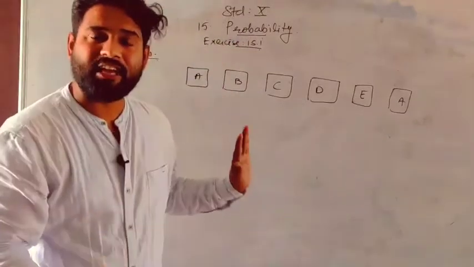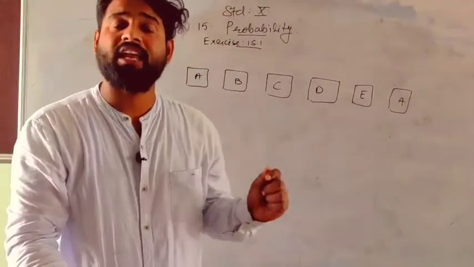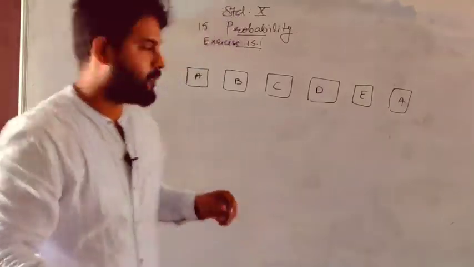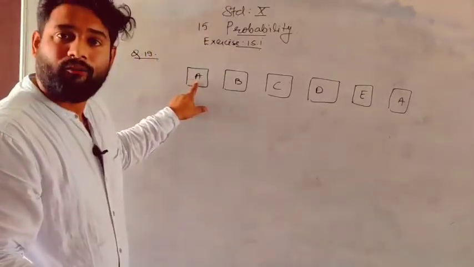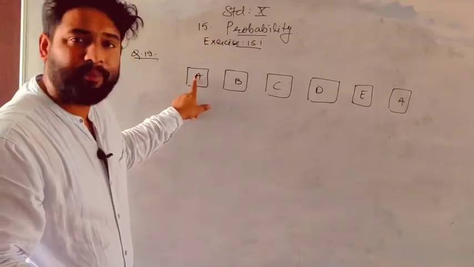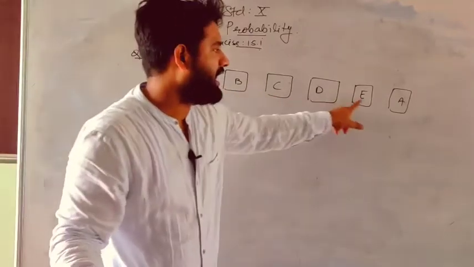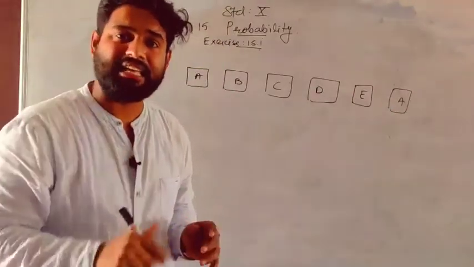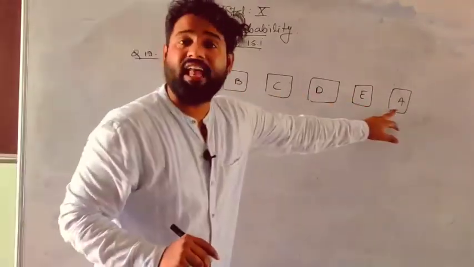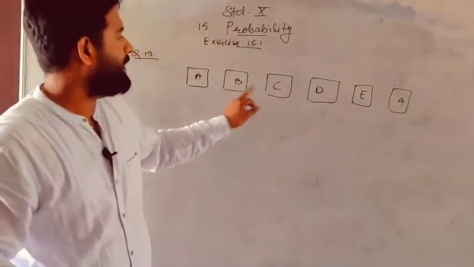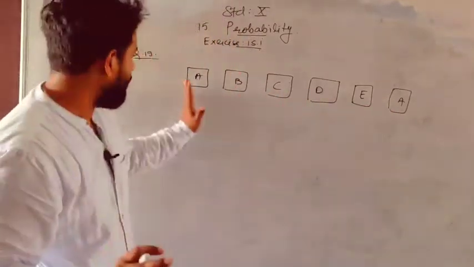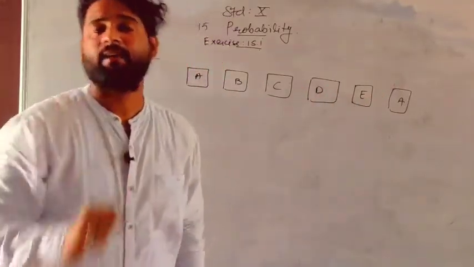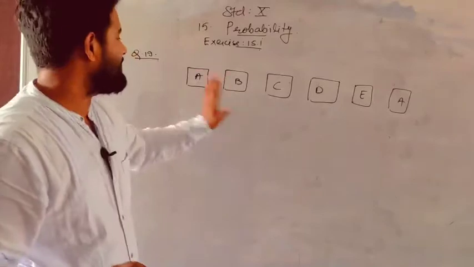But this child has a very specific dice which does not have numbers, but alphabets. One face has A, others have B, C, D, E, and A. Means there are 2 faces which have the alphabet A. So basically all 6 faces of his dice contain alphabets.